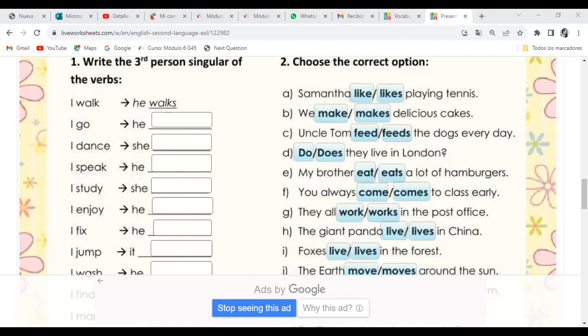Anybody? A ver, alguien que quiera participar a través del chat. ¿Cómo conjugar el verbo go en tercera persona? Anybody, guys? Vamos a ver quién está en esta sesión.